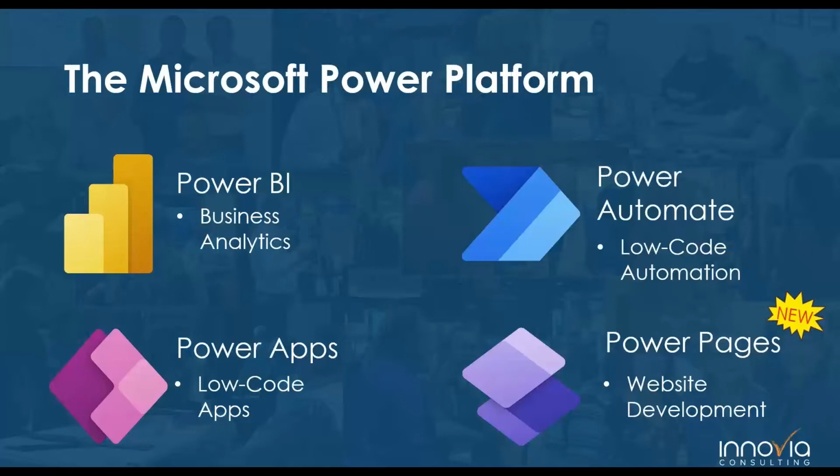Power Pages is a new component of the Power Platform that focuses on low-code website development. The 2022 Wave Release 2 includes a lot of new features that make the Power Platform better than ever, and now we'll be going over a few of our favorite features revolving around each of these components.